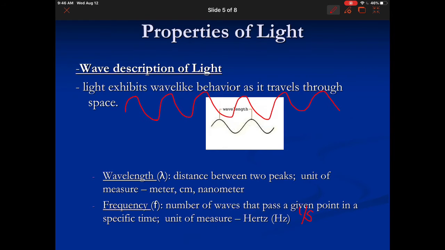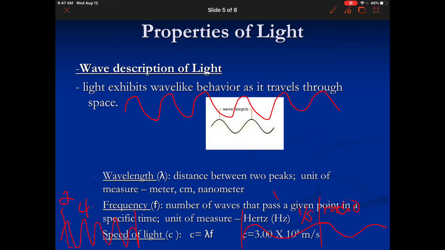Now, if we go back to that idea of our radio waves versus our gamma rays, if we say that this is about a 1 second interval, you can see that we have 1, 2, 3, 4 waves per second, and we only have 1 wave per second over here. Now, those aren't exact numbers, but now we can see how if wavelength is longer, frequency goes down.